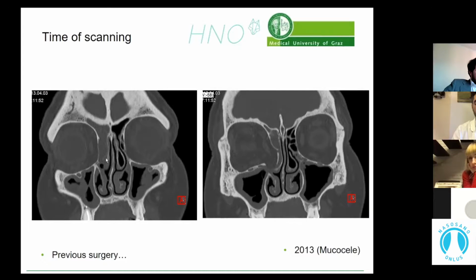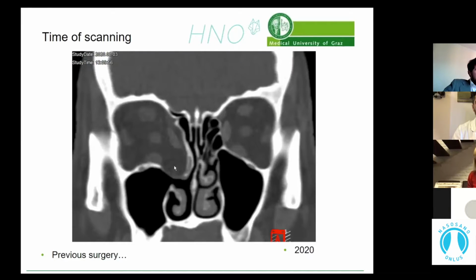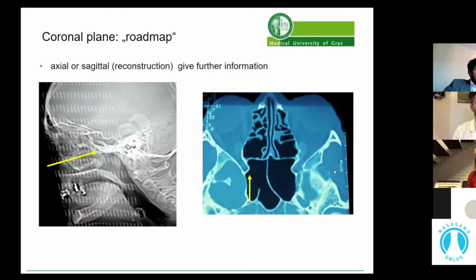If you see only this image, you could easily think, okay, that's a mucocele, but on another layer, you can nicely see the orbital decompression, which was performed before the mucocele appeared into the frontal sinus. And this is the state today. It's decompressed, but no more chronic inflammatory disease.